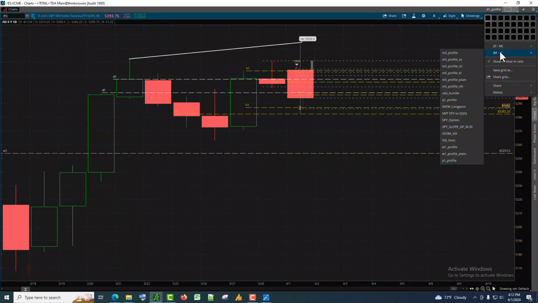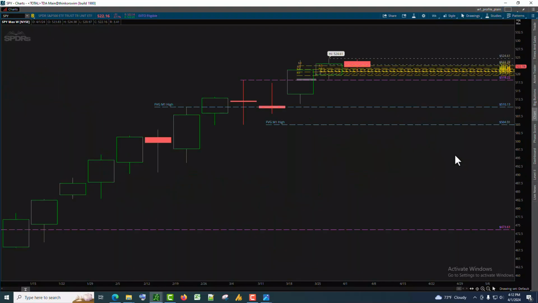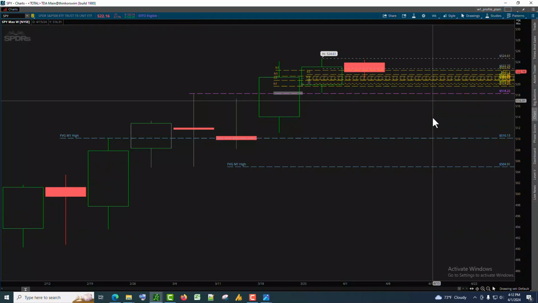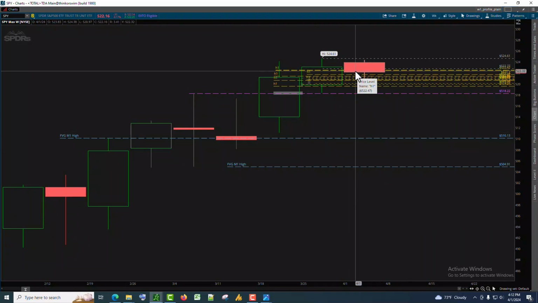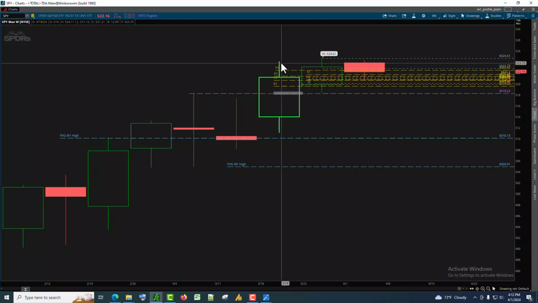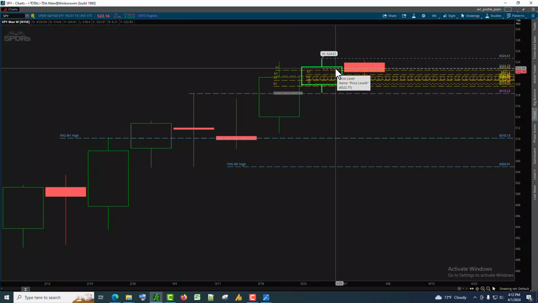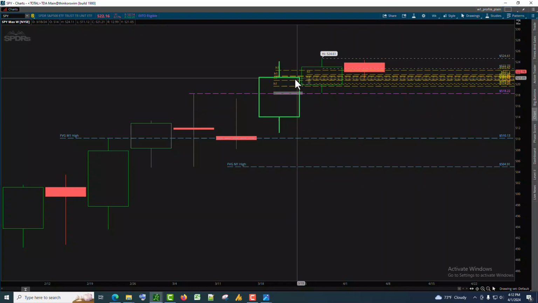So weekly profile. Yeah, so we see this week. So we can see that this is the last bullish candle.